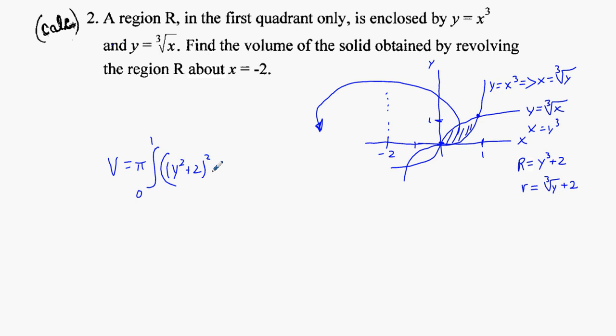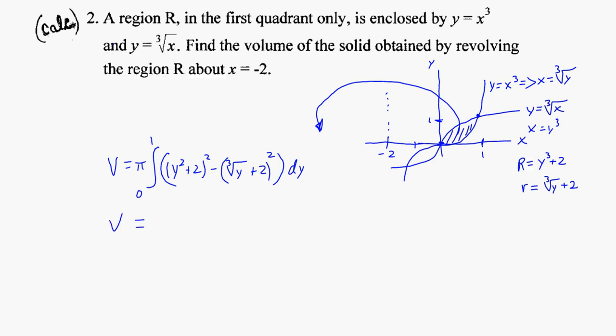And we're going to subtract out little r, and little r is going to be cube root of y plus 2 squared, and that's going to be all dy. And so now we have reduced this to simply a calculator input problem.